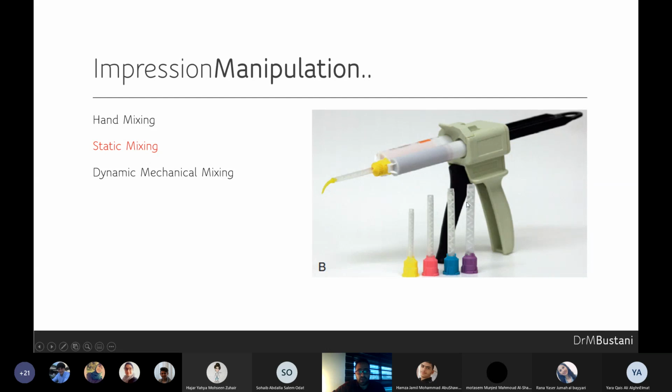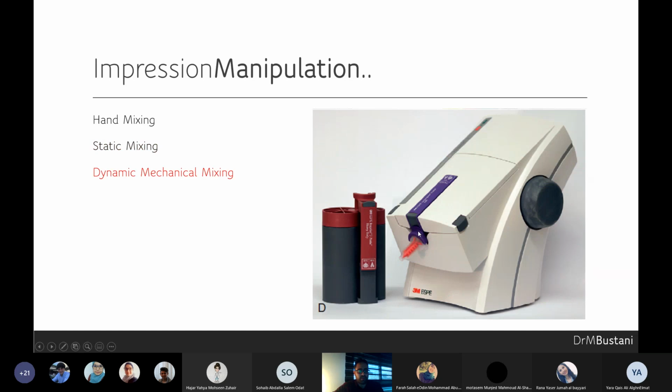Okay. It's preferable to hand mixing, because every time you mix the material you will have the proper paste to catalyst ratio, and you will have a more consistent, more homogeneous mix every time. The dynamic mixing is the same concept, but it uses an automated or machined plunger instead of you pushing it by hand.